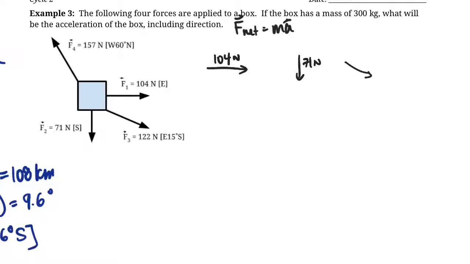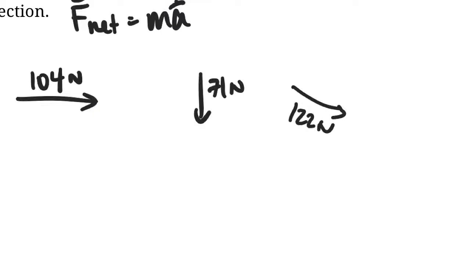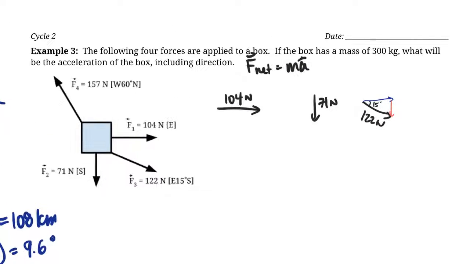It's 122 newtons. And actually, let me put the 122 on the bottom, 122 newtons, east 15 degrees south. So again, to zoom in here, we have the east, we have the south, and we have the 15 degrees is going to be in there, right? Good to make sure that we have that correct.